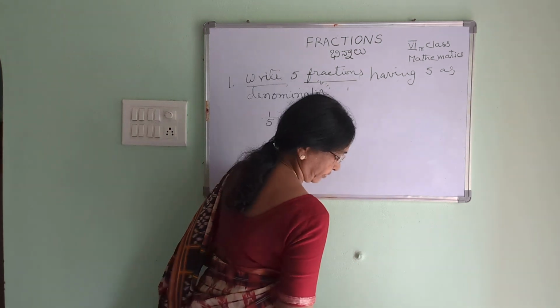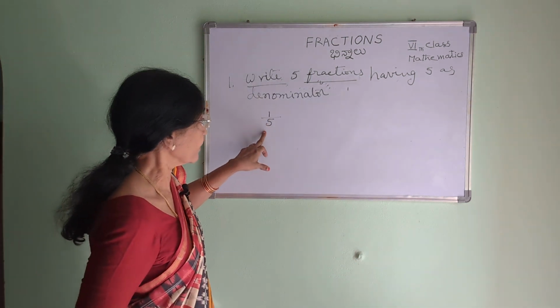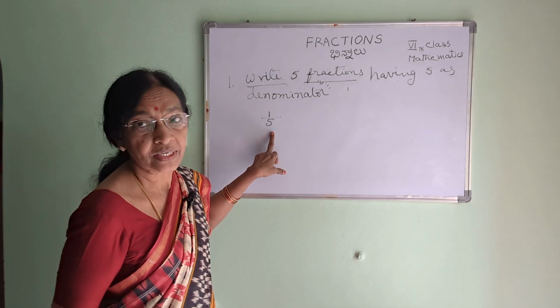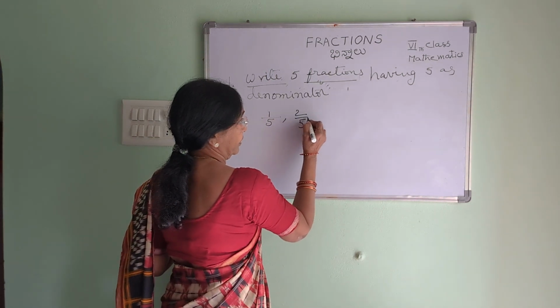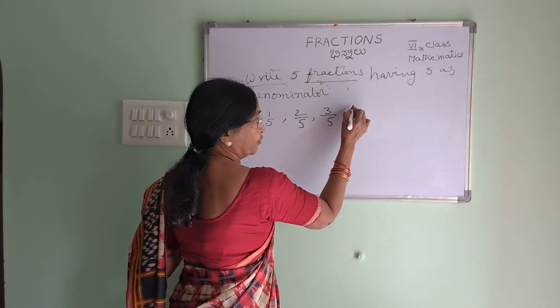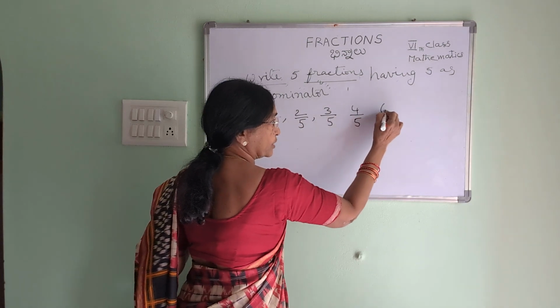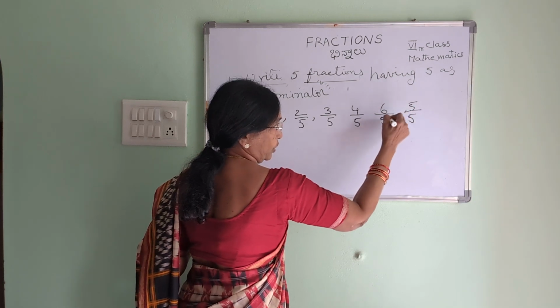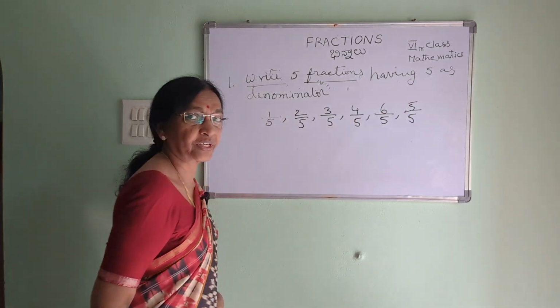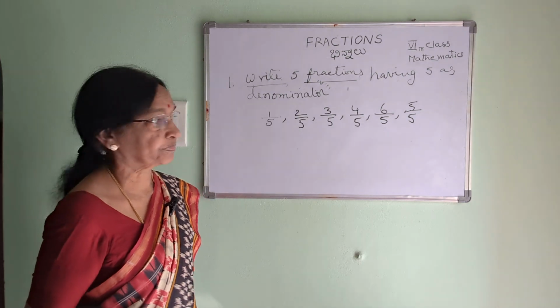So 1 by 5 is a fraction having 5 as denominator. Similarly, 2 by 5, 3 by 5, 4 by 5, 6 by 5, etc. Or 5 by 5 is also a fraction having 5 as denominator.